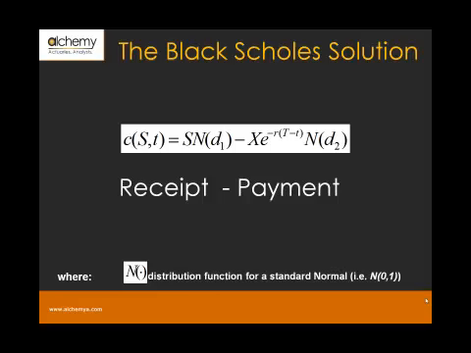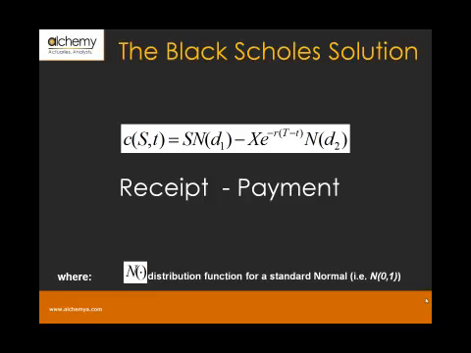One way of reading this equation is to look at S N(d1) as the amount that you would receive if the option is exercised, and look at X e^(-r(T-t)) N(d2) as the amount that you will pay if the option is exercised. In statistical, computational finance, and actuarial sense, we say we're looking at the expected present value of the receipt and the expected present value of the payment.